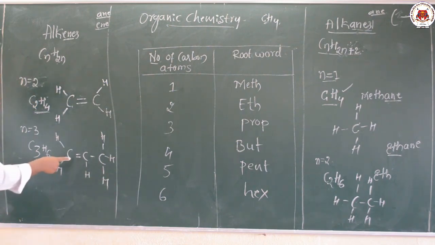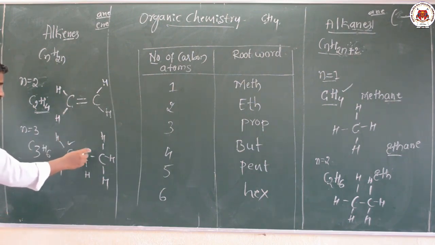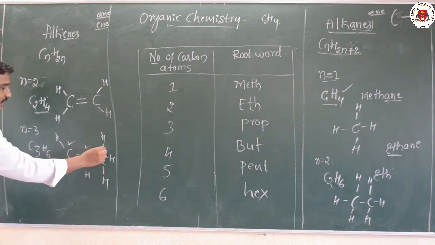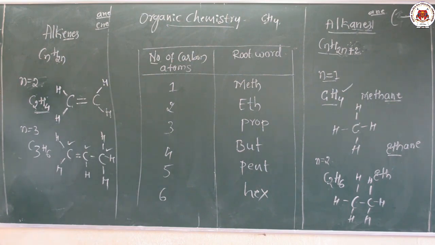Now this carbon, 1, 2, 3, 4, satisfied its tetravalency. Again 1, 2, 3, 4, this carbon also satisfied its tetravalency. 1, 2, 3, 4, again this carbon has satisfied its tetravalency.